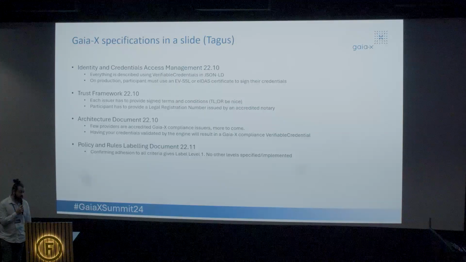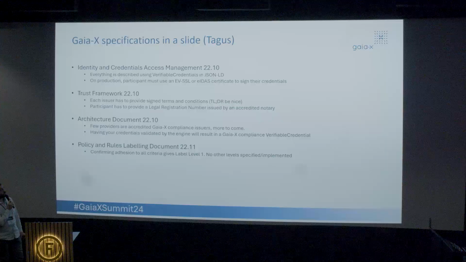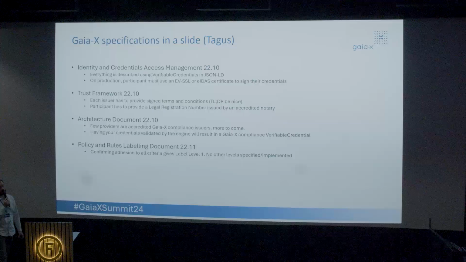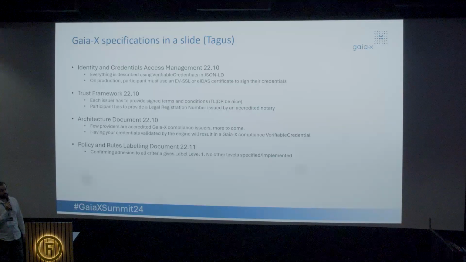So basically, I told you that we had specifications, and here's a quick summary of what the specifications mean in terms of software. So the ICAM 2210 was the document that made us use verifiable credentials in JSON-LD. It's the document that states that for production you need an EV SSL certificate for signature or an eIDAS certificate.